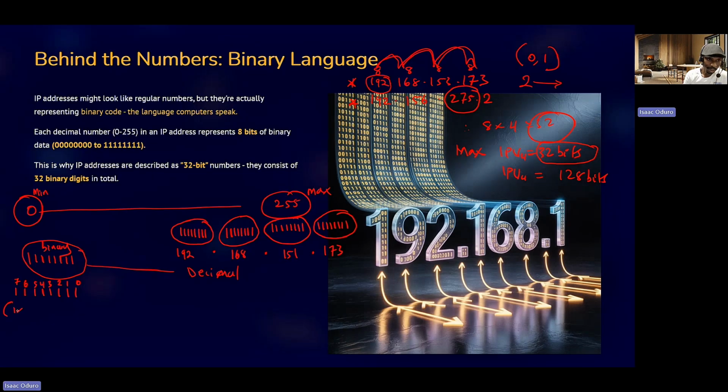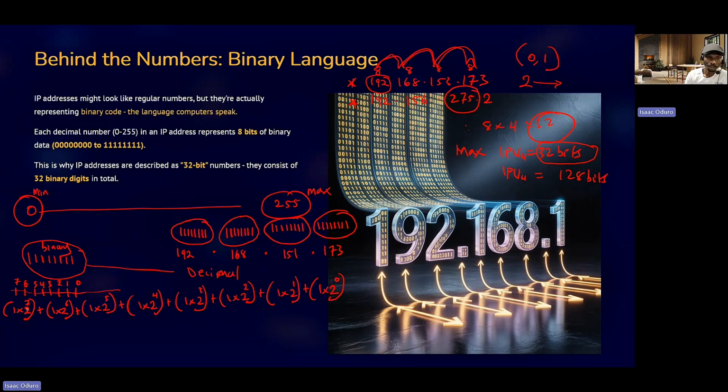So 1 times 2 to the power 7, plus 1 times 2 to the power 6, plus 1 times 2 to the power 5, plus 1 times 2 to the power 4, plus 1 times 2 to the power 3, plus 1 times 2 to the power 2, plus 1 times 2 to the power 1, plus 1 times 2 to the power 0. So we have combined all this. You converted all of them. Now it's done.